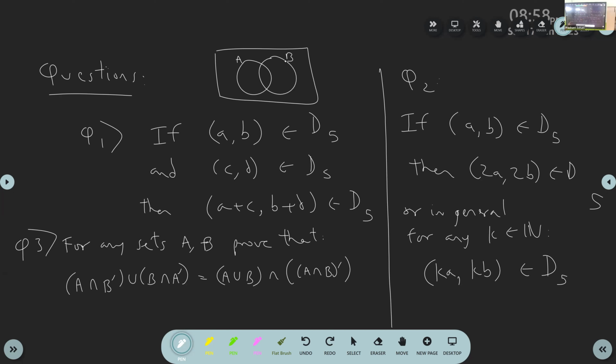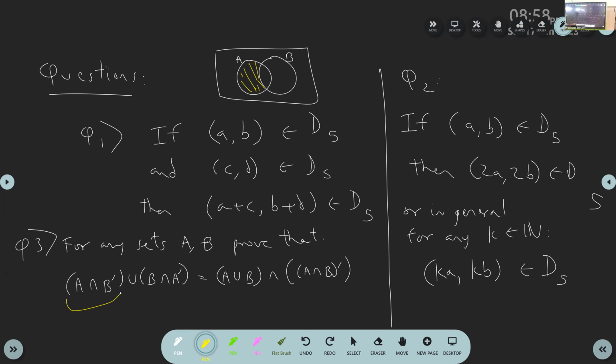So first, A intersection B dash. What does that mean? I want all elements which are inside A but not in B. Correct? So which part of this should I highlight? The left half, right? Not the middle part. Basically this part. Correct?